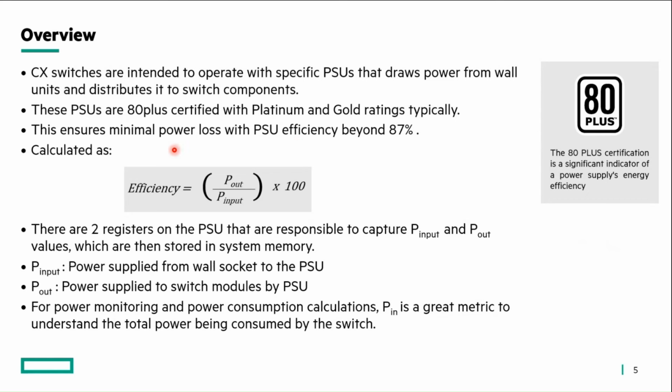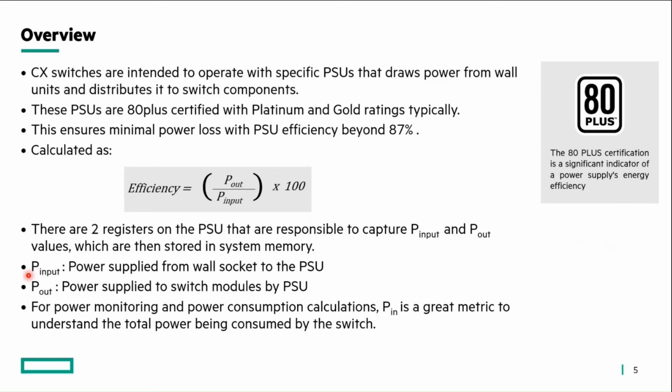Efficiency is calculated as the value of P out divided by the value of P input, times 100. P out is how much power is available for the system to perform the necessary tasks, while the P input value is what the system is consuming from the wall socket itself. There are two resistors on the PSU that are responsible for capturing these P input and P output values, which are then stored in the system memory.